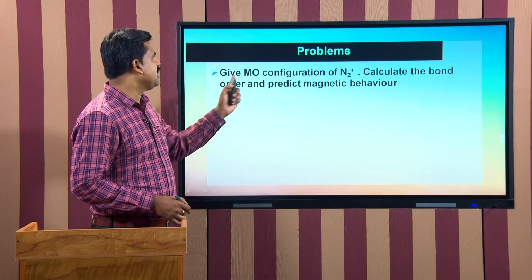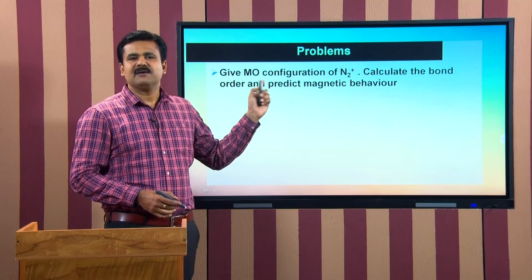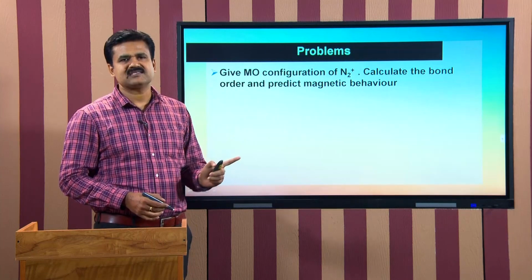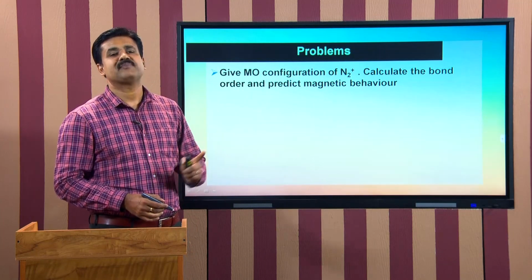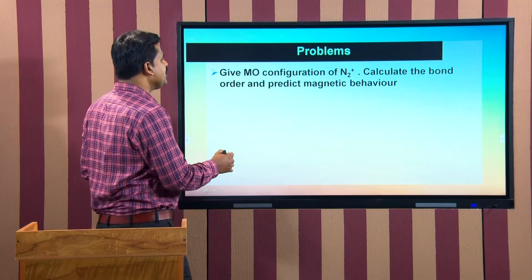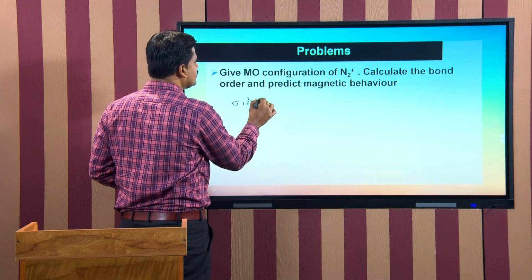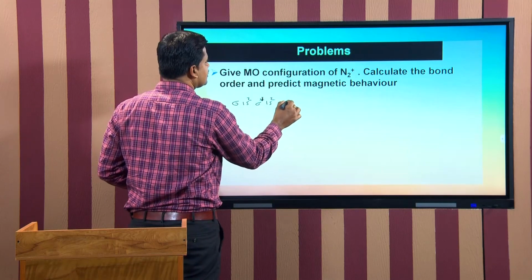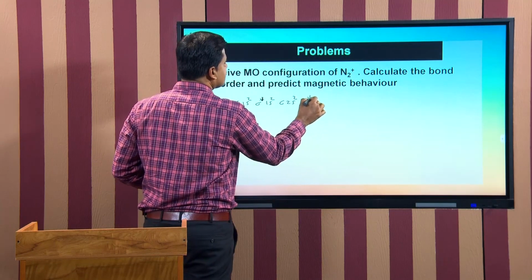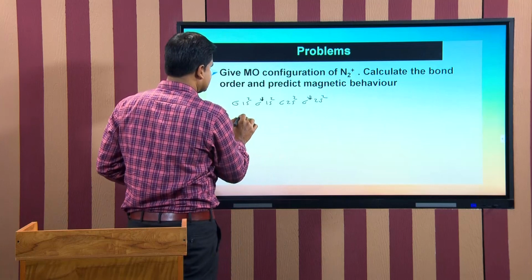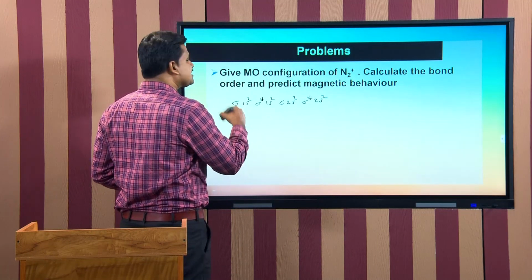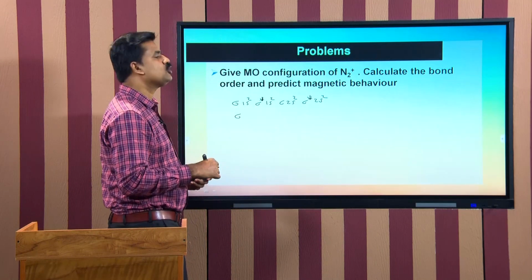Now we consider the MO configuration of N2 plus: calculate the bond order and predict the magnetic behavior. We know the MO configuration of nitrogen as sigma 1s2, sigma star 1s2, sigma 2s2, sigma star 2s2, and sigma 2pz has higher energy than pi 2px and pi 2py.